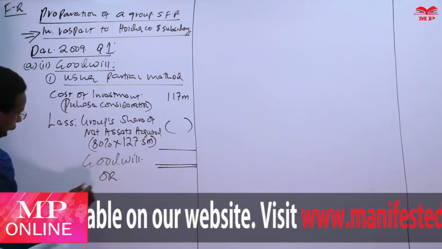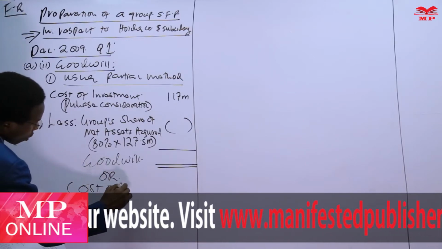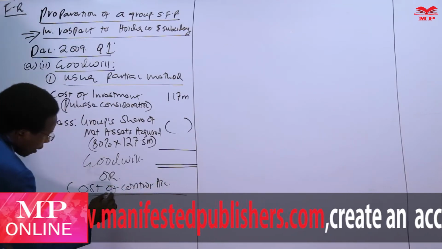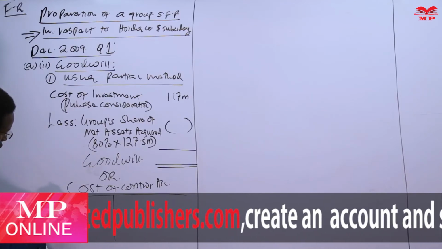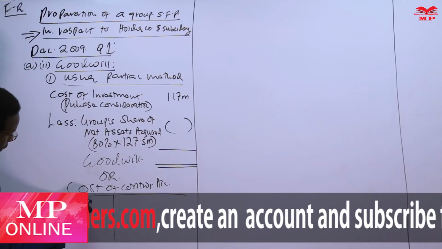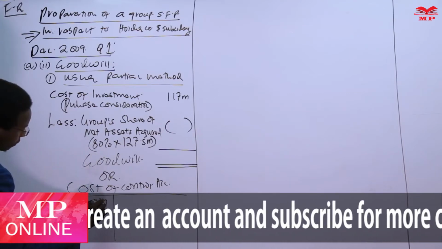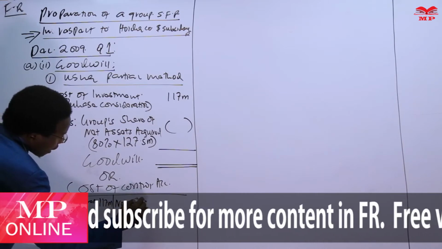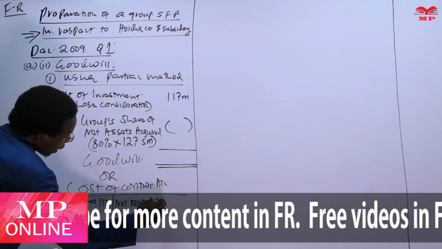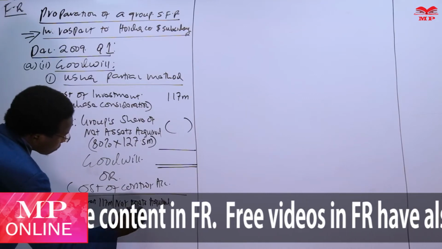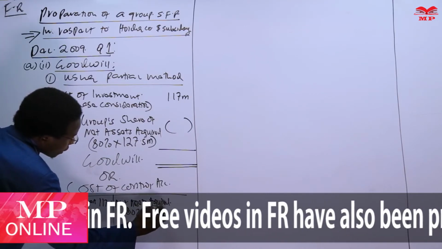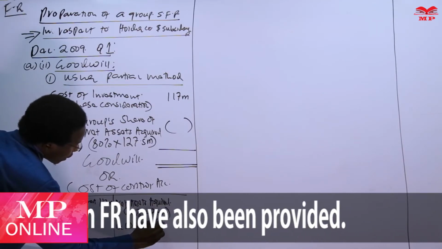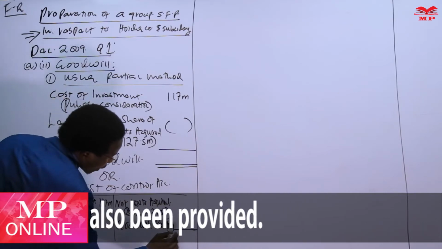Or I could open a cost of control account. Then I have the cost of investment, that is 117 million. Then I bring in the net assets acquired, which will be 80% of the 127.5 million. Then I determine the goodwill as a balancing figure. We can also have negative goodwill, don't forget that.